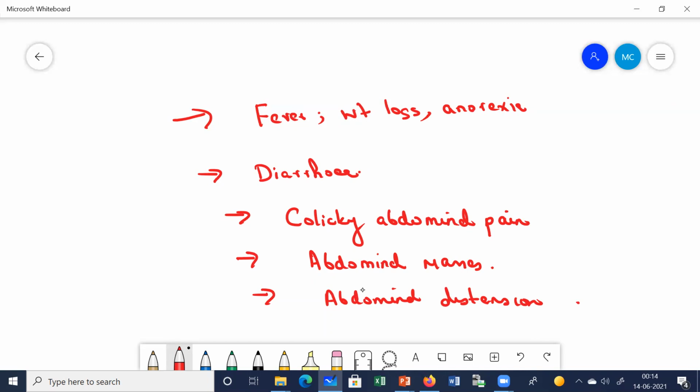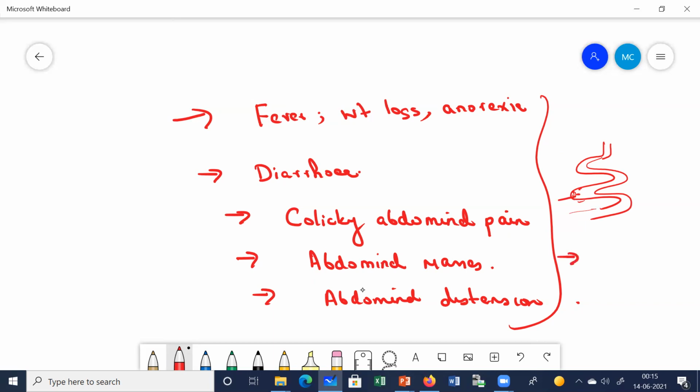Next, let us talk about the complications. What complications can develop? These ulcers can cause perforation of the intestine.